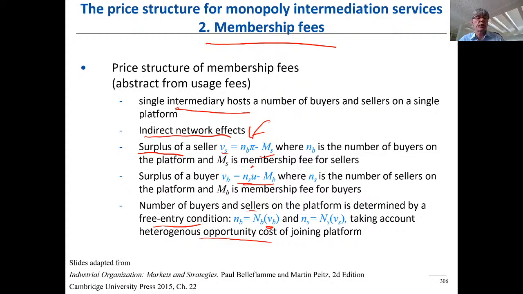I will show you an example in, say, three or four slides, how you can think of that. But the point is, people are different in how easy it is for them to join some platform, and so given some uniform surplus and different costs, you can determine the number of people on the platform.